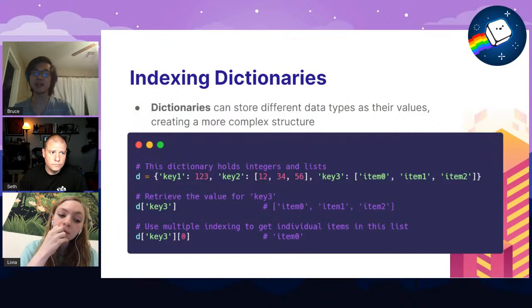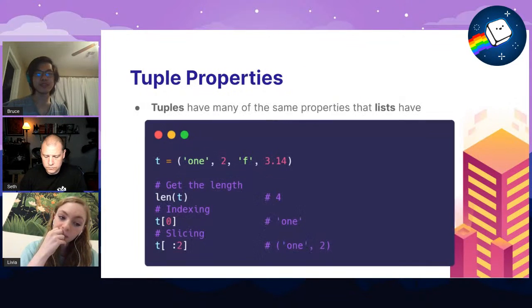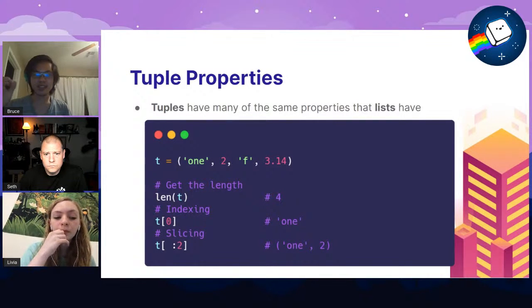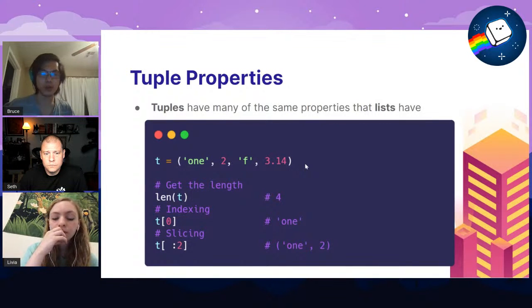Another thing to keep in mind with dictionaries is that if you go back to tuples or even lists, there's an inherent order to it, right? Like 1 here is at index 0, 2 is at index 1, F is at index 2. So if you ask for the 0th element, 1st element, 2nd element, there's an order to it. 1 comes before 2, which comes before F, which comes before 3.14.